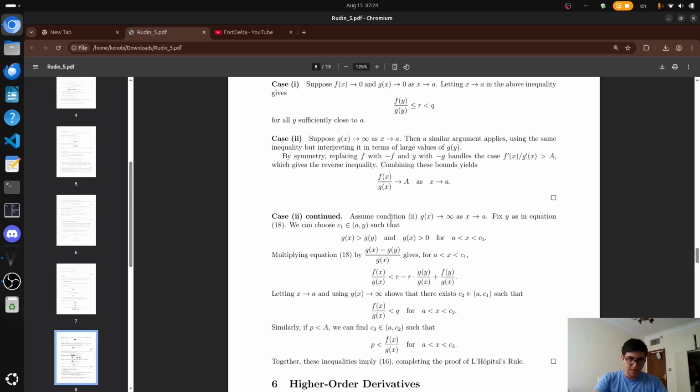So here we can choose c1 and y such that g of x is greater than g of y and g of x is greater than 0. Because we know that it goes to infinity, so we can take values greater than g of y, because there are infinitely many values above it.